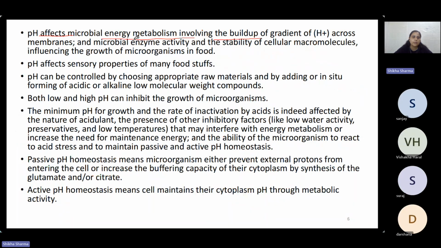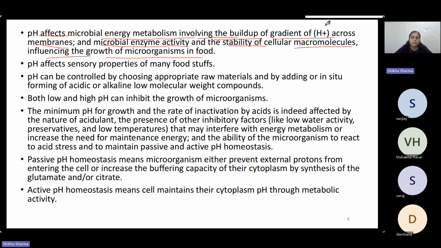So all its energy will go into maintaining the balance, the homeostasis condition. So pH affects microbial energy metabolism involving the buildup of gradient of H plus ions across the membrane and microbial enzyme activity and stability of cellular macromolecules, influencing the growth of microorganisms in the food.